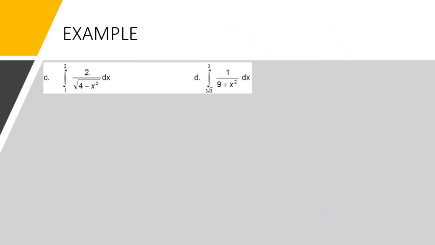Next example. This is what we call a definite integral, because we have limits from 1 to 2.